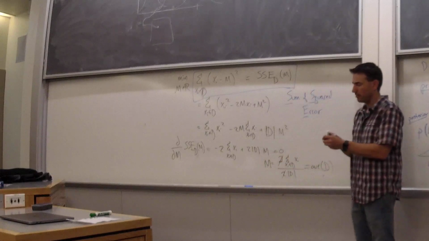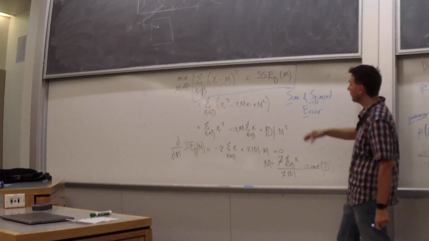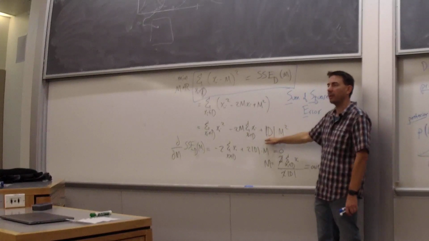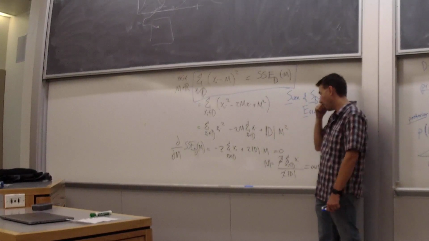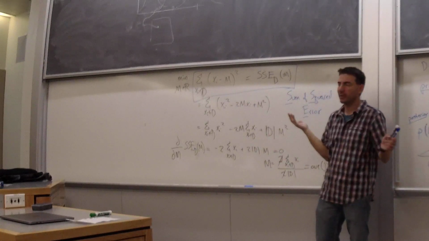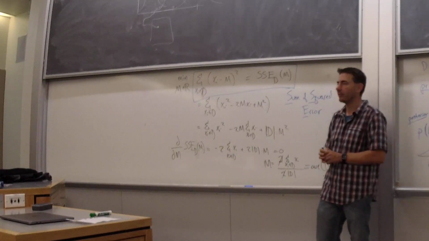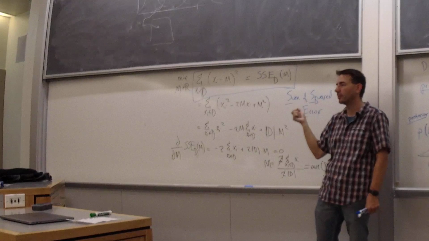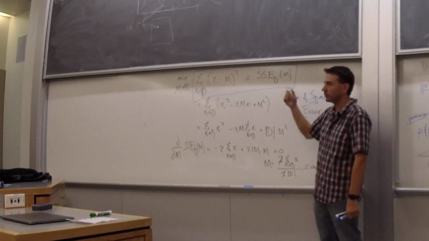There's also mean squared error, where I divide this through by the number of things I have. But that's just a coefficient, so it's minimized at the same spot. They're the same minimizer. The mean squared error is often more interpretable because it's the average squared error.